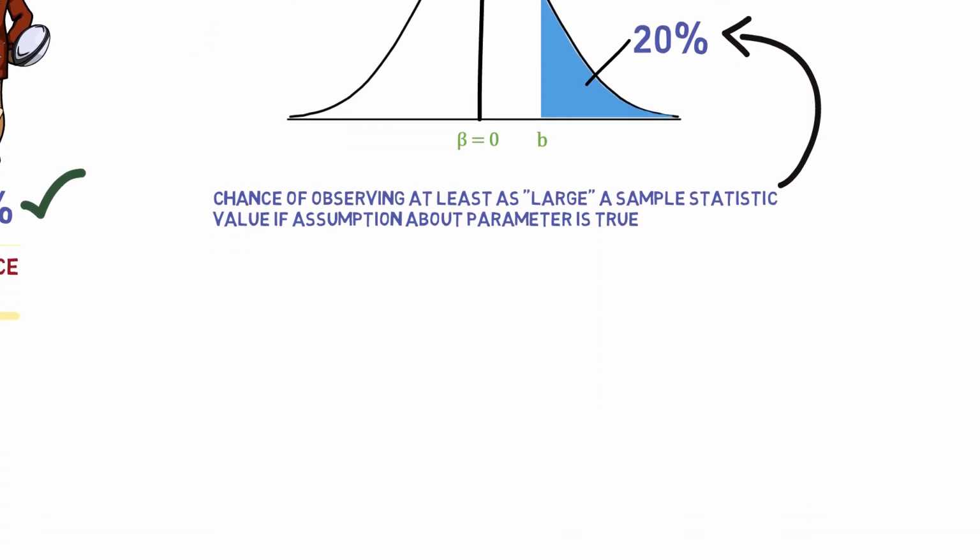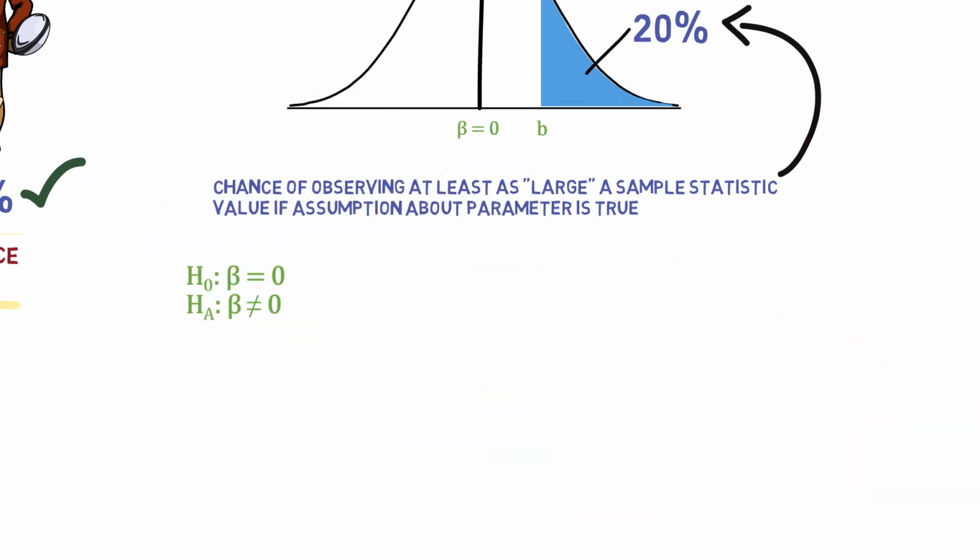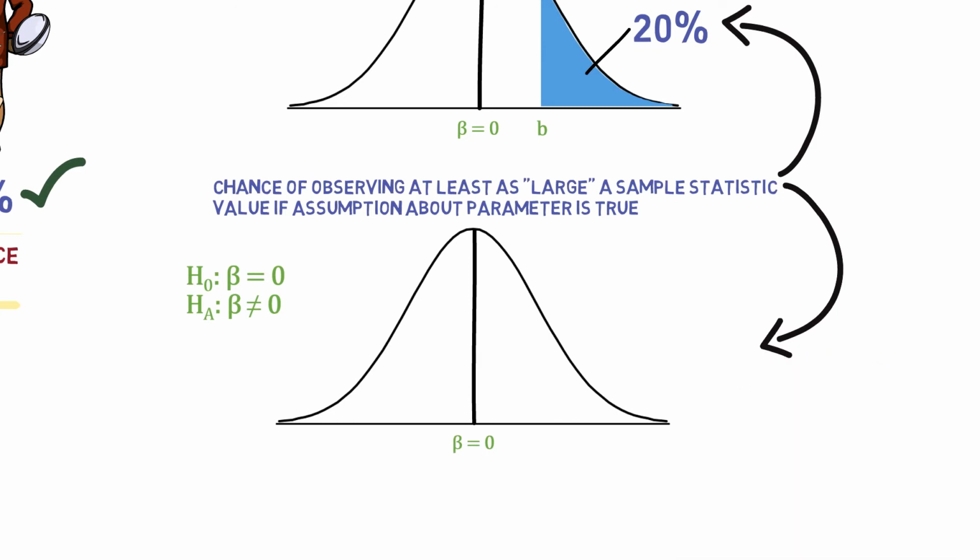The logic is the same, the calculation is a little bit different, because in this case, suppose again we get a sample regression coefficient of b, and we can find the probability that we would get a test statistic at least as large as the one we did.